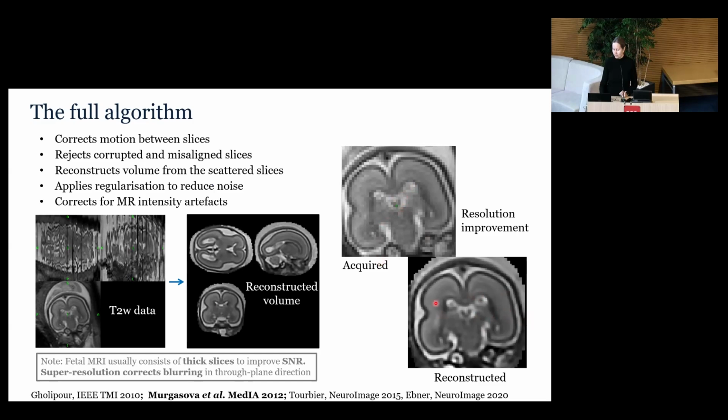This is a slice from the volume that exactly corresponds to the acquired slice. We could say that we do have a little bit better resolution, even though I don't know whether you can say that we really increase the resolution, but we certainly dealt with some blurring through plane. So the data look quite nice after reconstruction.